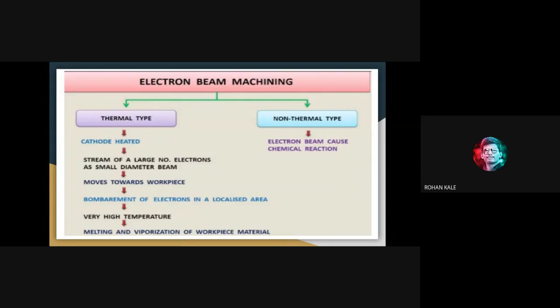Very high temperature will be generated on the workpiece surface. So machining is going on due to the melting and vaporization of the material from a very localized area of your workpiece. Okay. So whatever the working principle of EDM or LBM or this EBM, all these three are the same.